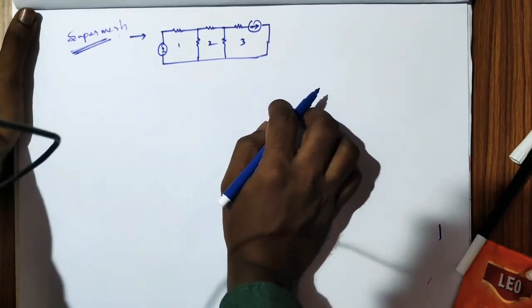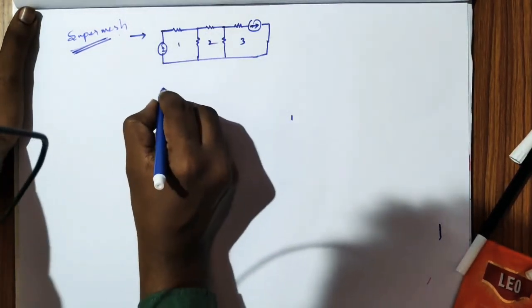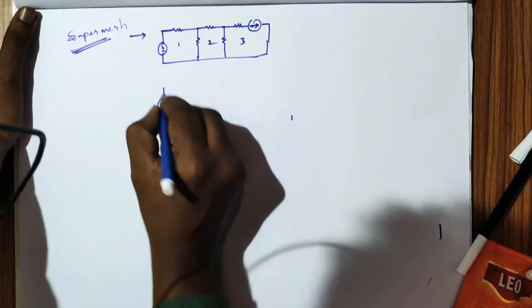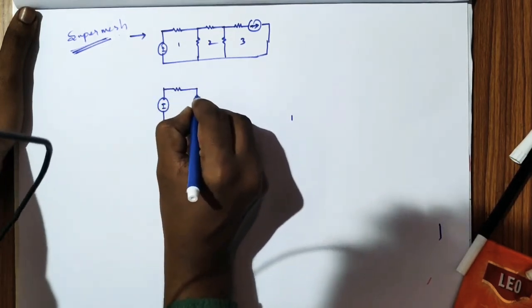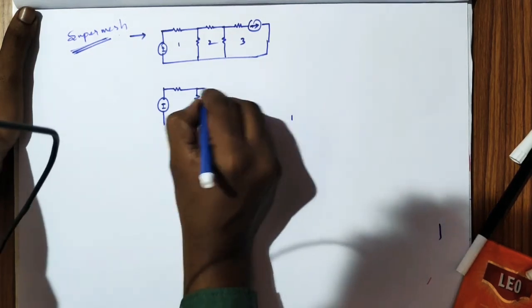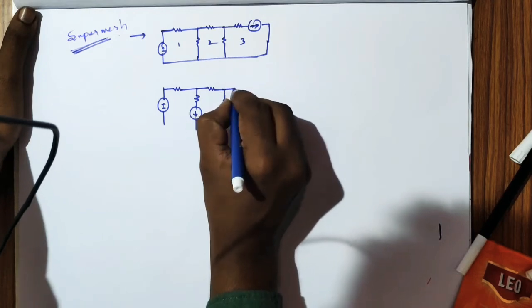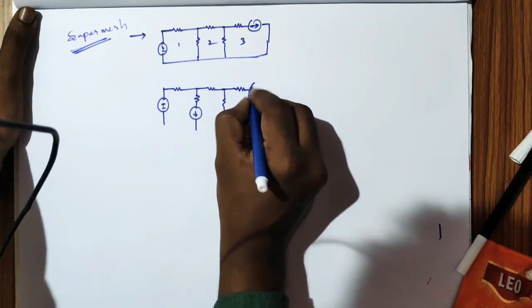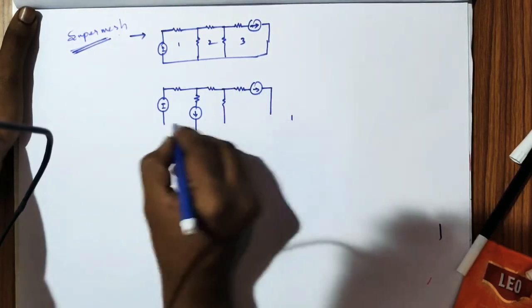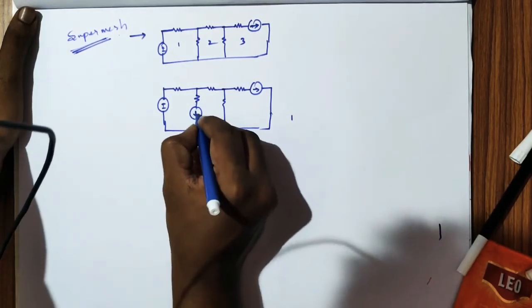So how will we find the super mesh? For example, I'm now having a current source. Let us say I'm representing the same circuit, but I gave a current source here.